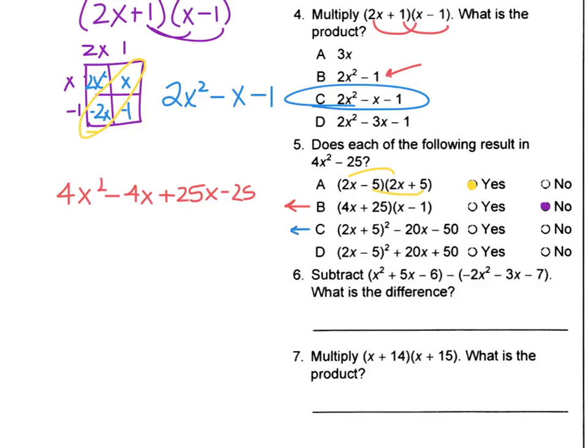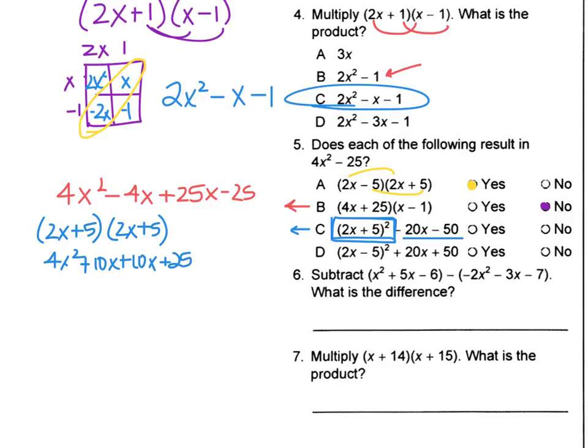Part C is a little tricky. Remember, when you have this written with the exponent, you have to actually write the problem out yourself. So that means we're going to have to do 2x plus 5 times 2x plus 5. When I do that, I'm going to get 4x squared plus 10x plus 10x plus 25.